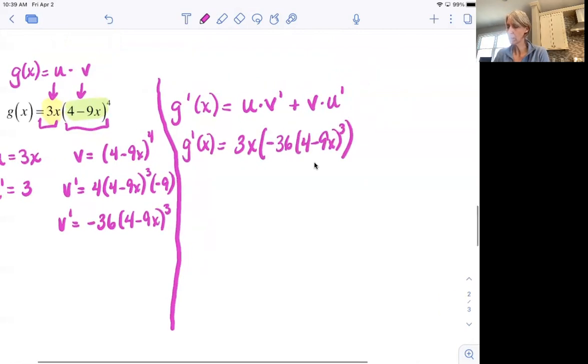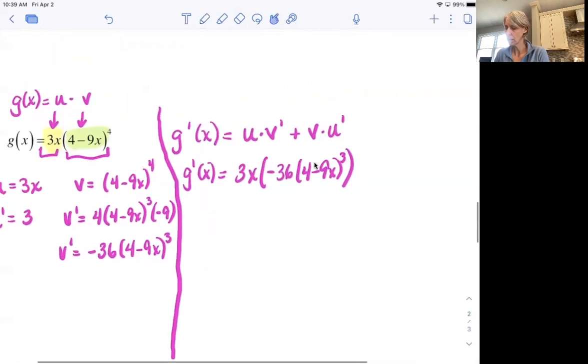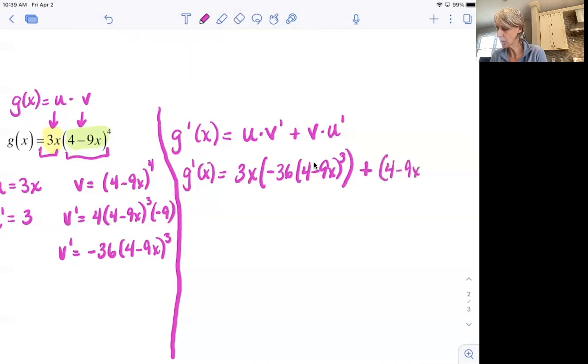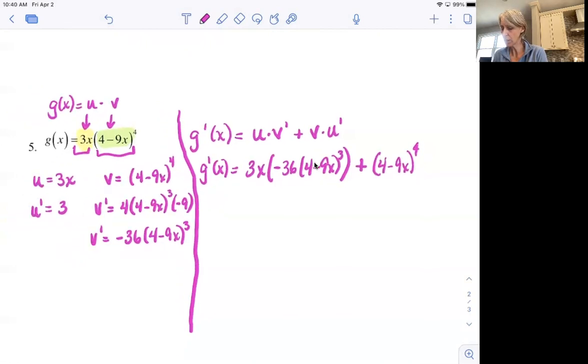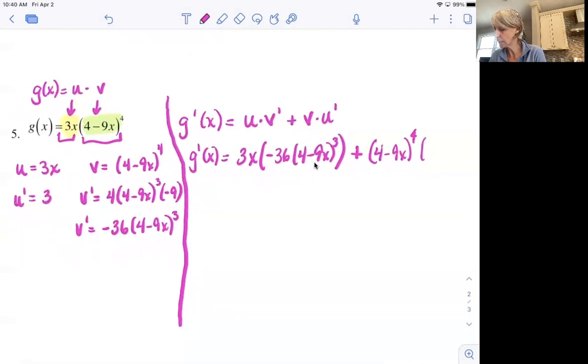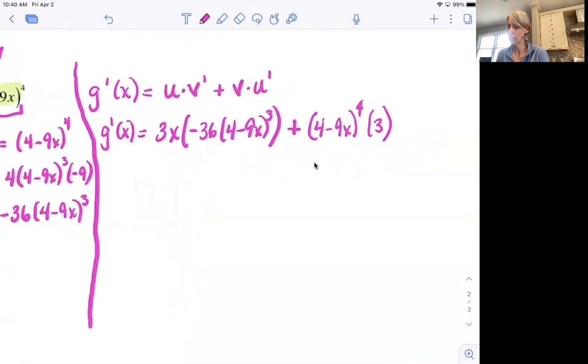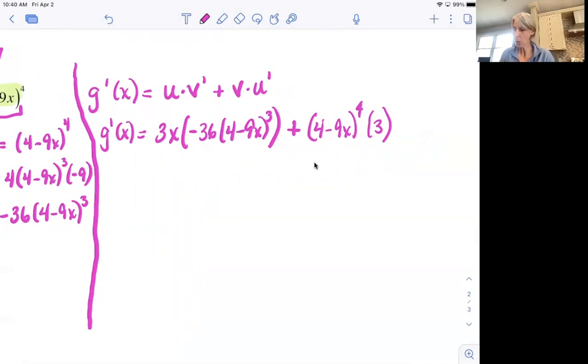Right, first times the derivative of the second, plus the second function, (4 minus 9x) to the fourth, times the derivative of the first, u prime, which is just 3. Okay, now we've got to clean this whole thing up.